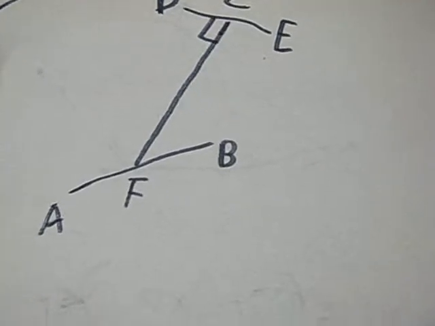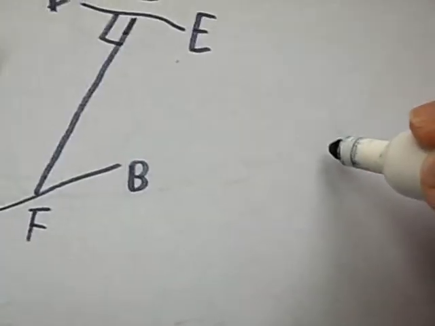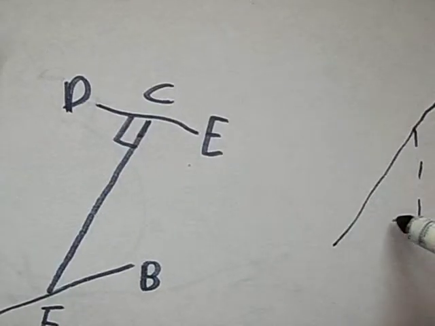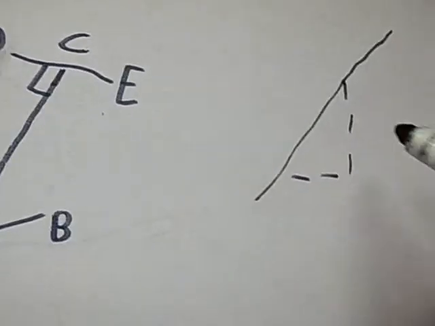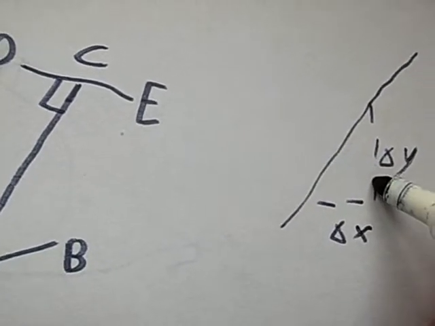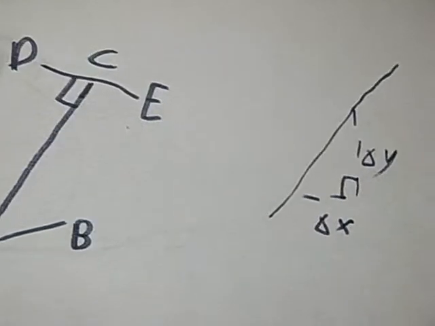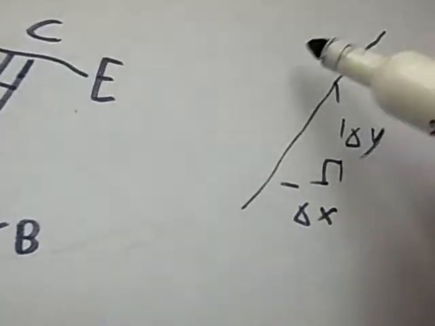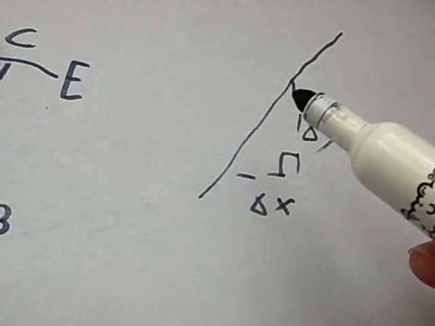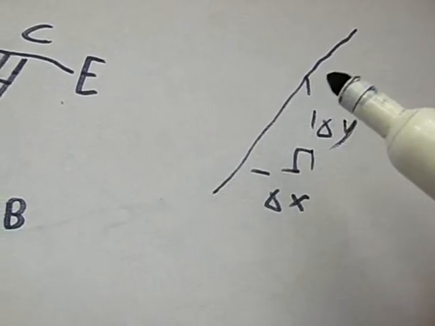Now you may notice something kind of interesting here, because slope is defined as change in y over change in x. But this also looks like a right triangle, and therefore the slope is sort of like the tangent.